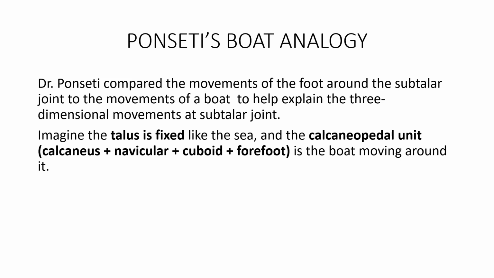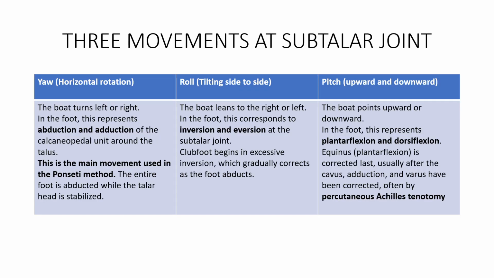Imagine the talus is fixed like the sea, and the calcaneopedal unit is the boat moving around it. There are three types of movement at the subtalar joint. First is yaw, the movement of a boat in which the boat turns left or right.